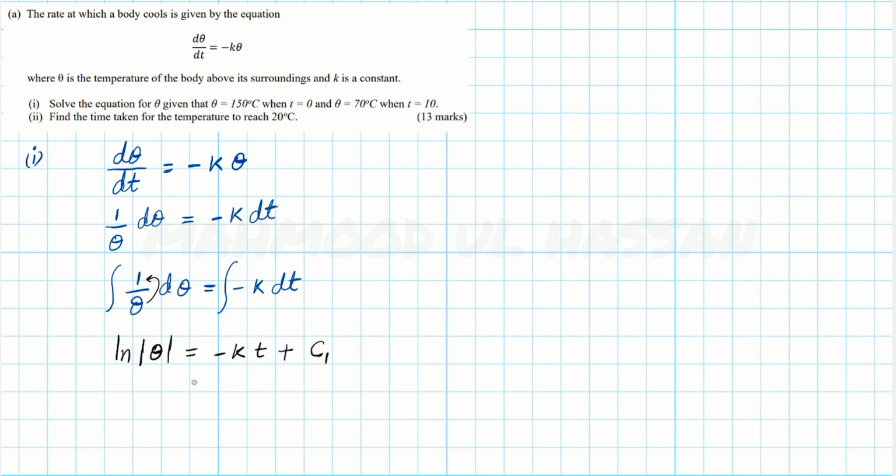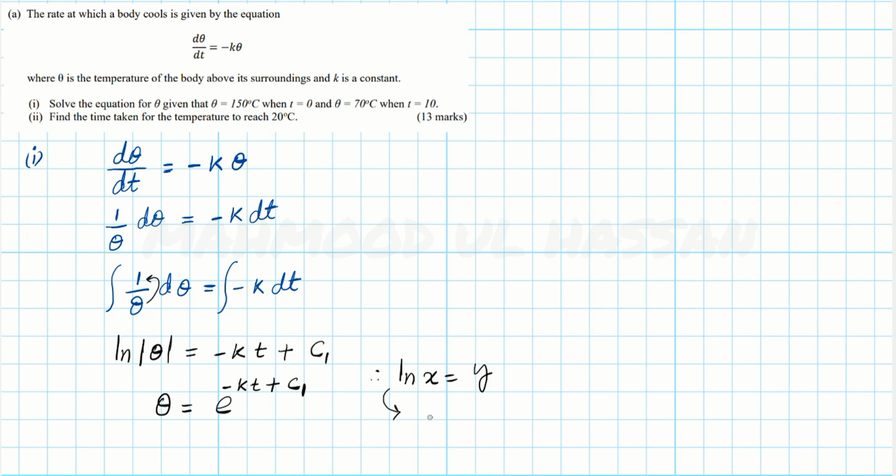Okay, now we have to use the exponential form, so this can be written as theta equals e raised to the power minus k t plus c1. Let me explain this one. If we have log of x equal to y, this is what we call the logarithmic form.